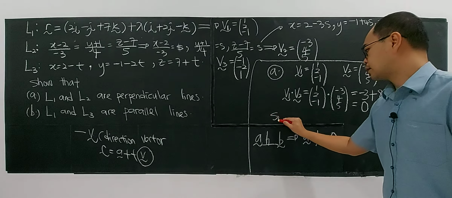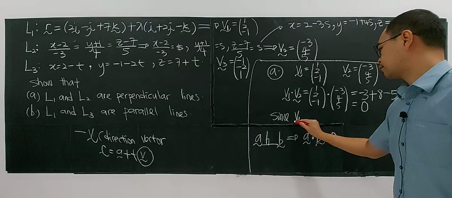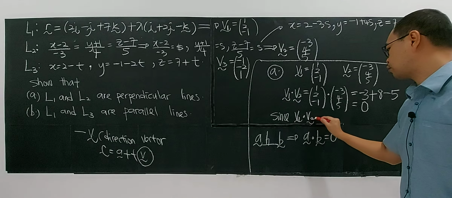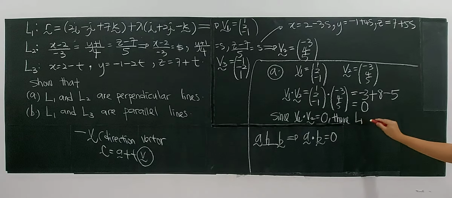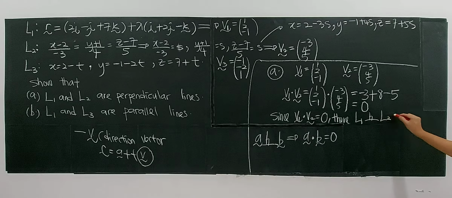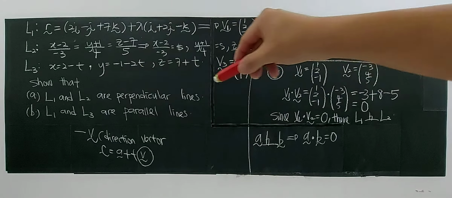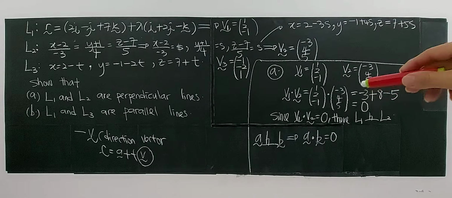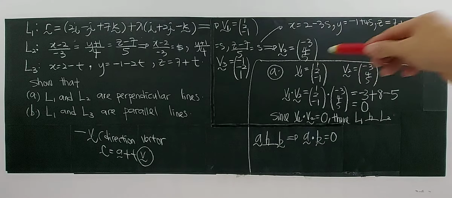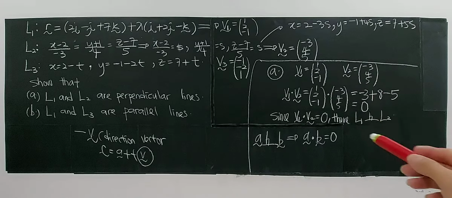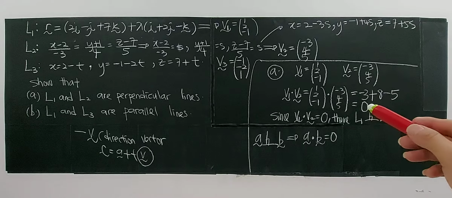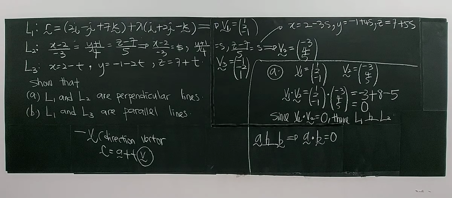So you have to explain that since the direction vectors satisfy V1 dot V2 equals 0, therefore L1 is perpendicular to L2. To show that something is a perpendicular line, that is the best way. We use the dot product, and after the dot product of the two direction vectors gives 0, this shows that these two lines are perpendicular to each other.